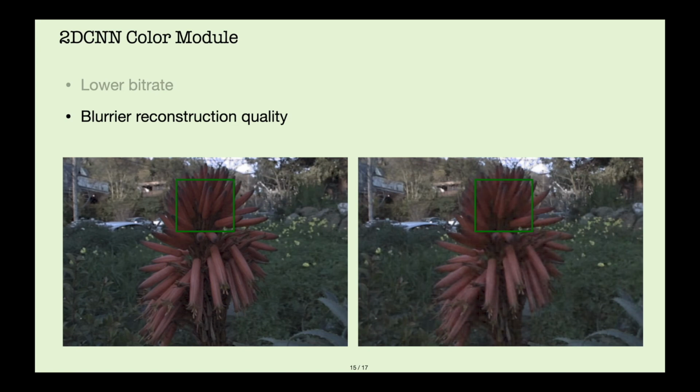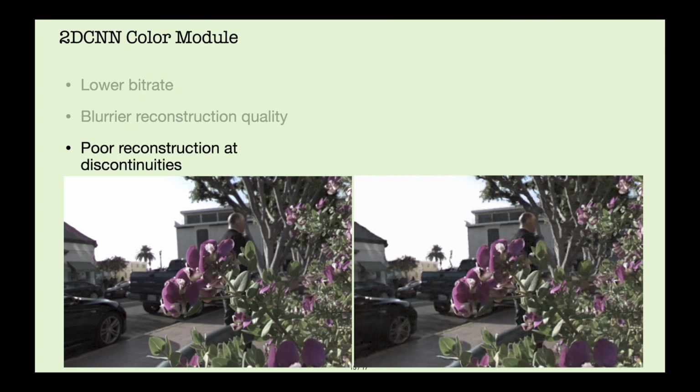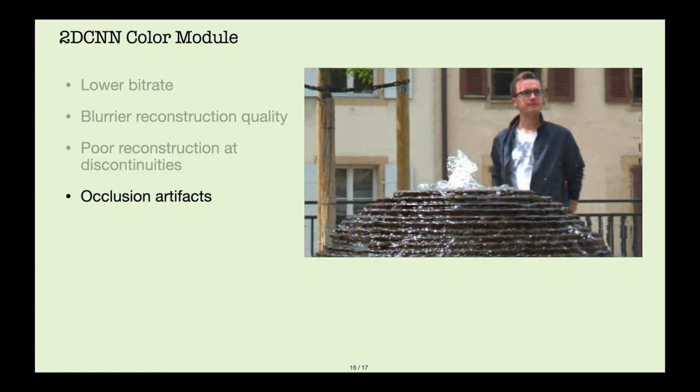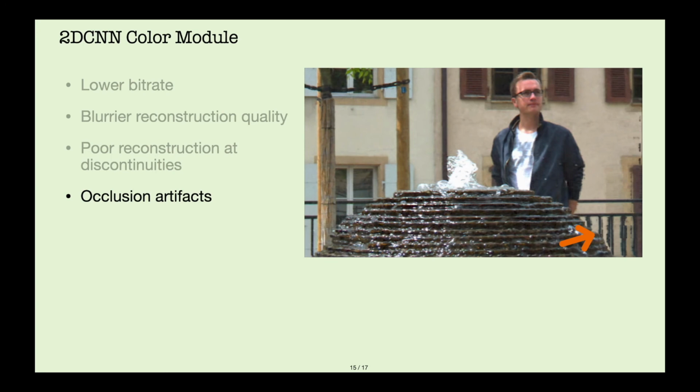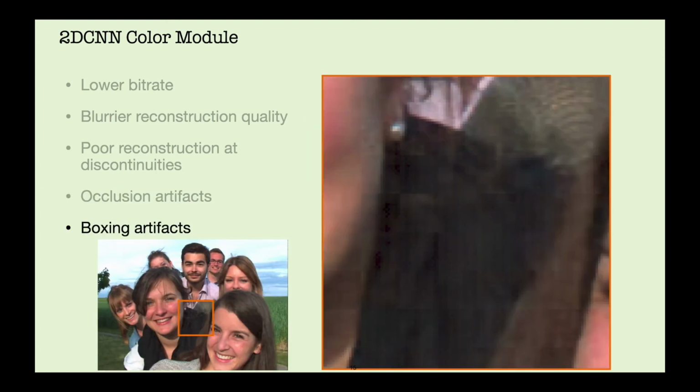So on the left, it's from our 3D CNN color module, and on the right is from the 2D CNN one. The reconstruction at the discontinuities is also quite poor. There are some occlusion artifacts like missing pixels, especially for the views which are further away from the center view. There are also some noticeable boxing artifacts.